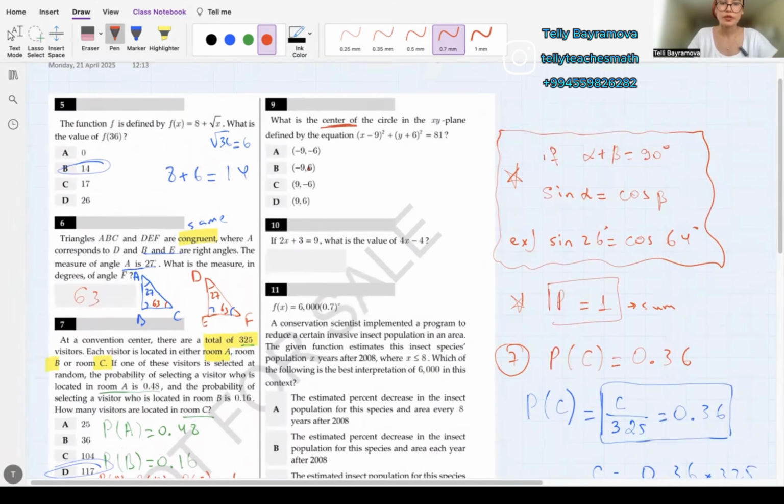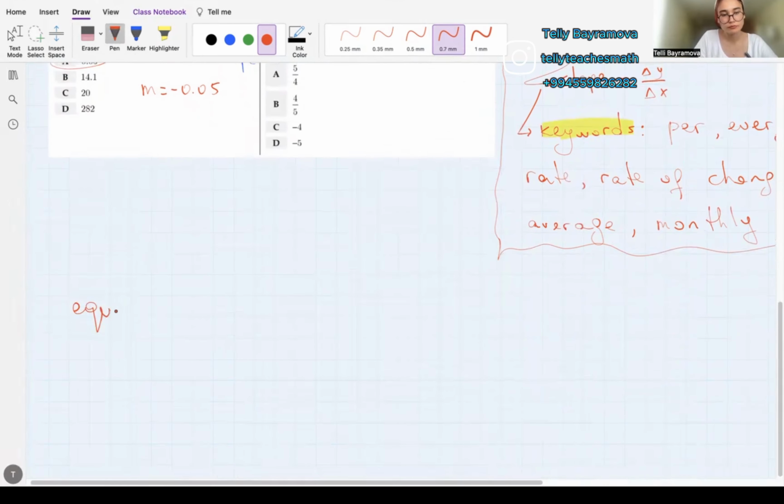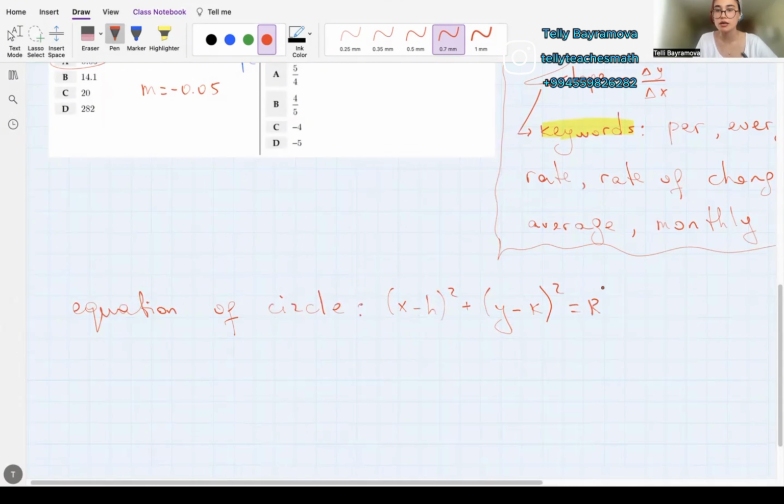What's the center? Okay, center of the circle. Let's write the equation of the circle. X minus h squared plus y minus k squared equals r squared. I'm writing an example: x minus 7 squared plus y plus 4 squared equals, let's say, 16, right?